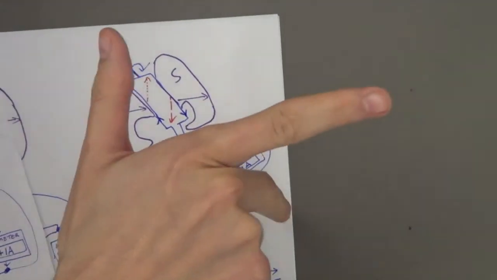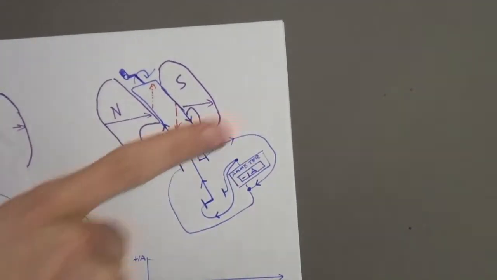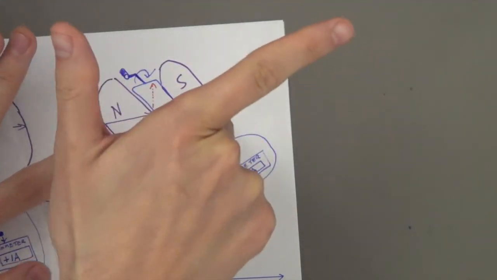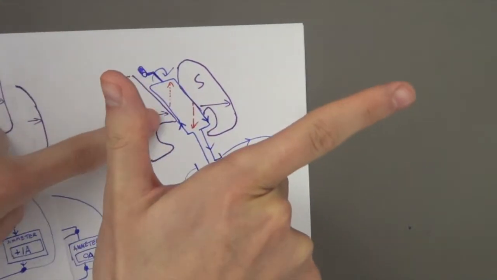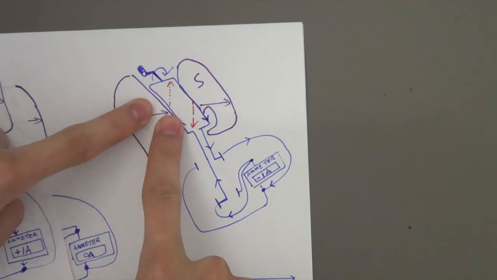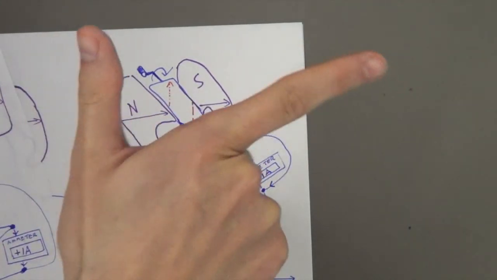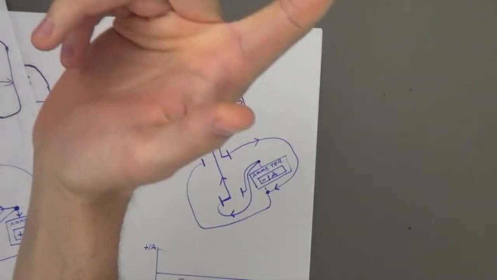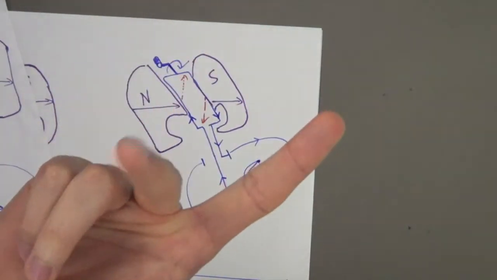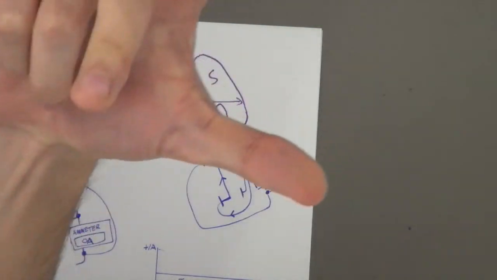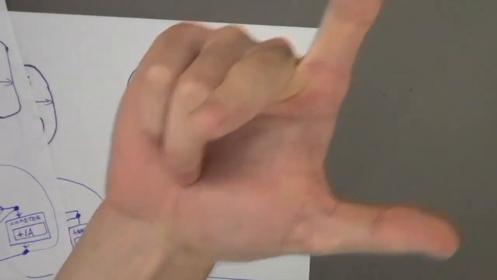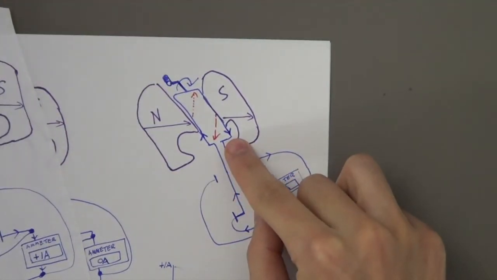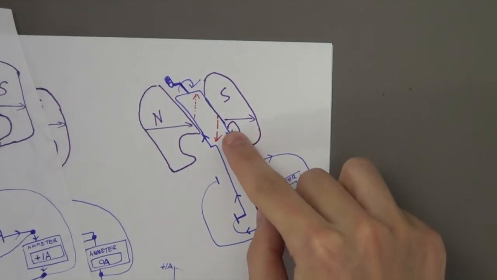If we follow Fleming's right hand rule again, north to south, and the motion is going up, denoted by the orange wire, current goes into the piece of paper, that's the arrow there. If we do the opposite way, north to south that way, thumb going down, current goes towards you, so we get current coming out of the piece of paper.